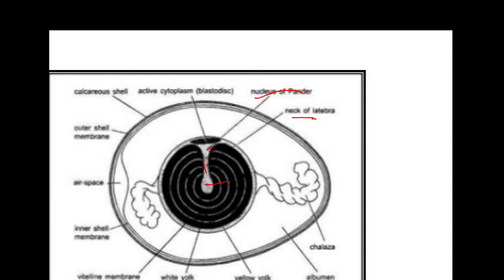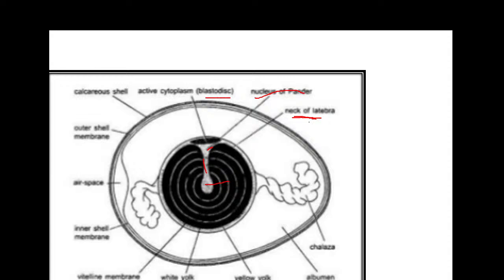Nucleus of Pander ന്റെ തൊട്ട് മുകളിലാണ് blastodisk കിടക്കുന്നത്, and the neck of this latibra, the constricted region or the extension from the latibra to the blastodisk, is called the neck of latibra.